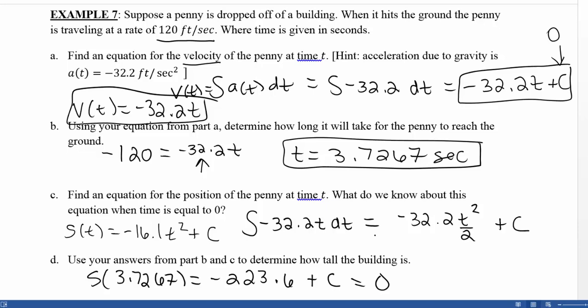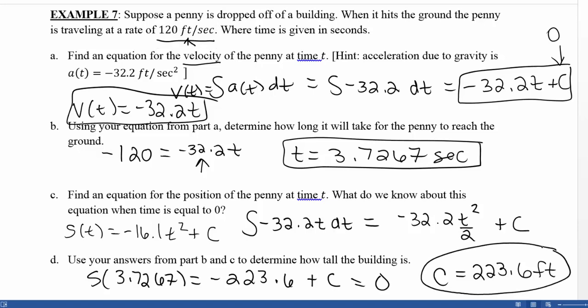So if that has to equal 0, that tells me that c has to equal 223.6. The position is going to be in feet, because remember, velocity was in feet per second. And so now I know how tall the building is. I was able to use antiderivatives to find out a lot of interesting information about position, velocity, and height, because I had these methods to find the antiderivative.